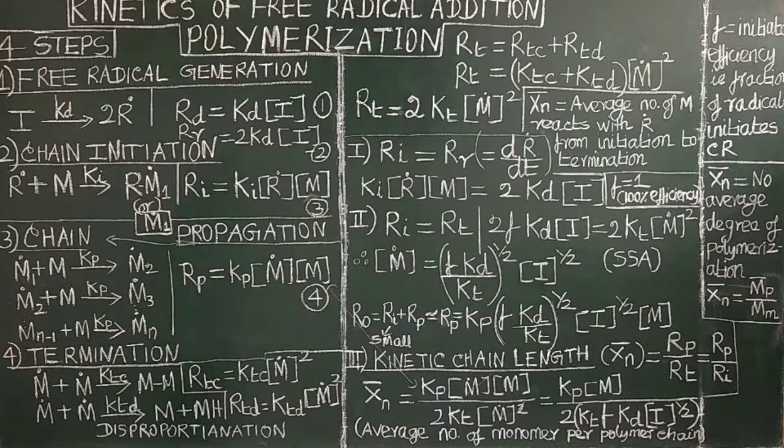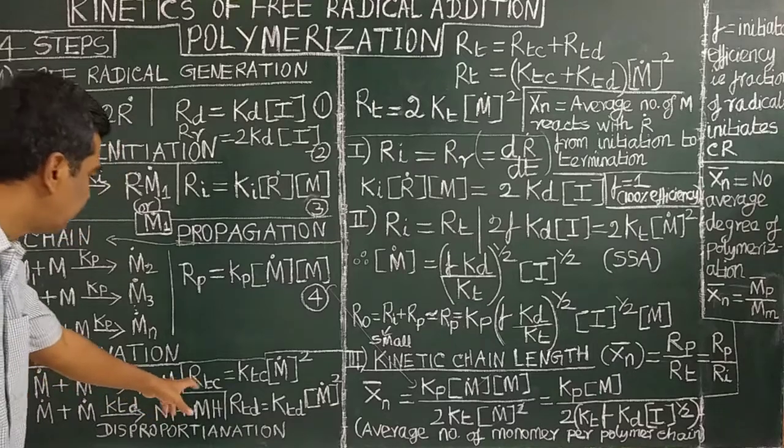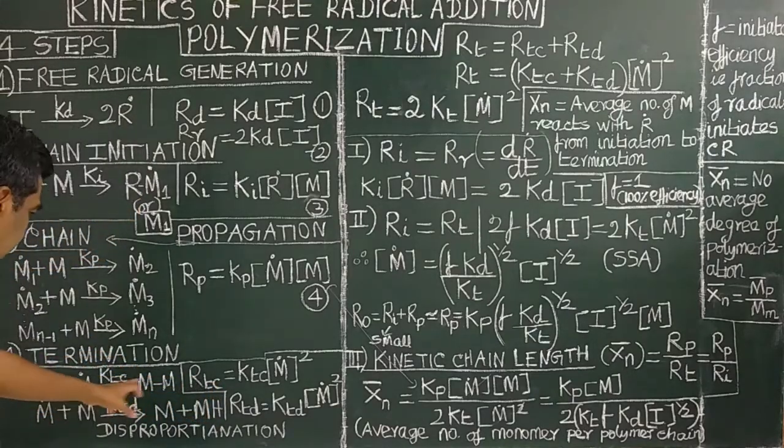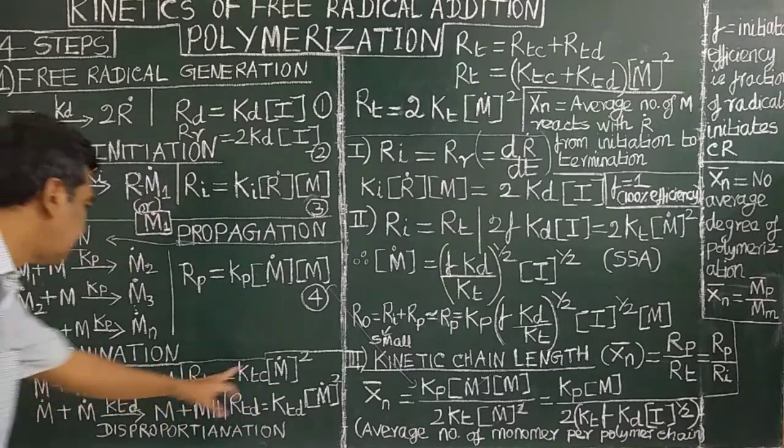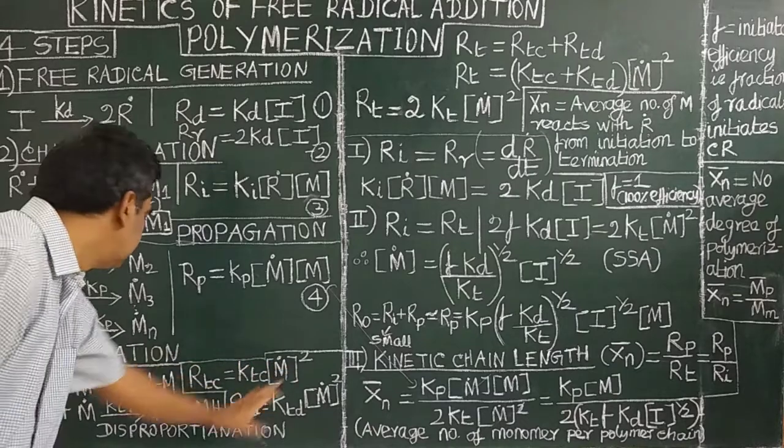For now, there are 2 intrinsic mechanisms, since we don't add the external terminators. Now the 2 polymer radicals couple to form a stable compound. Therefore, the rate of this radical combination is equal to Kt concentration of M dot square.